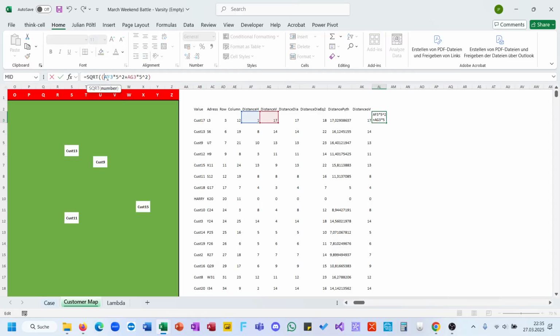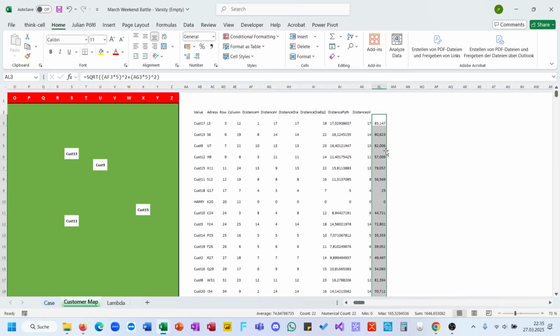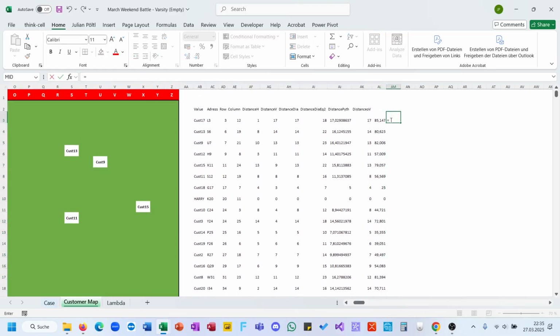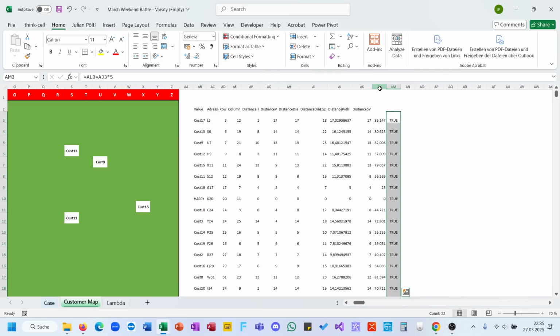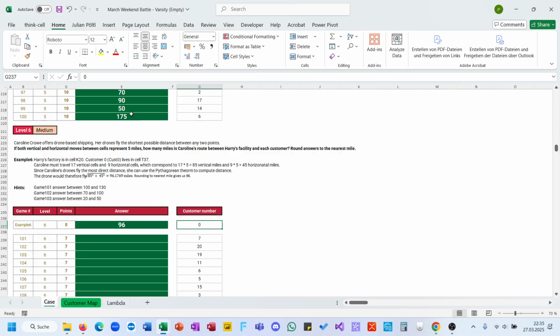It should be the same, but let's make a safe bet. No, it's not. Okay. And is this always the same as this times 5? Yes. Okay. So I use the Pythagorean distance and multiply it with 5.